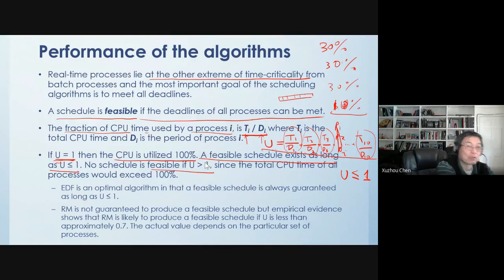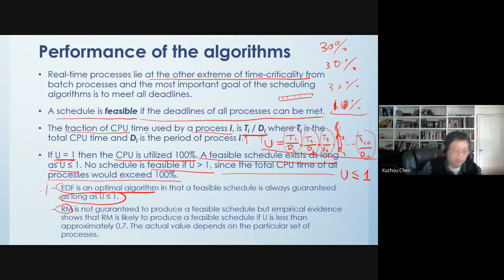The total of all the processes would use more than 100% of CPU capacity. That's not possible. Okay. So EDF is optimal. It's the best in that a feasible schedule is always guaranteed as long as U is less than 1. And RM is not guaranteed. So that's why EDF is the best.